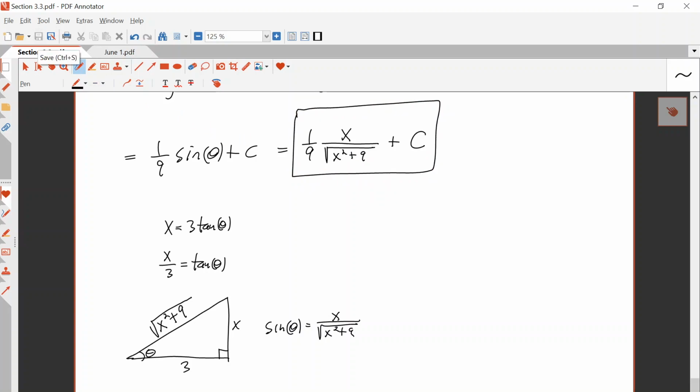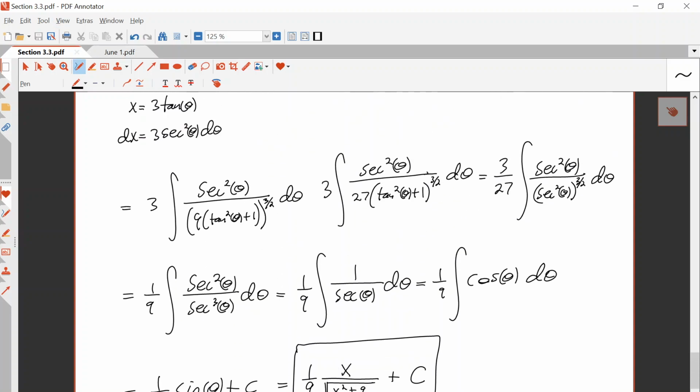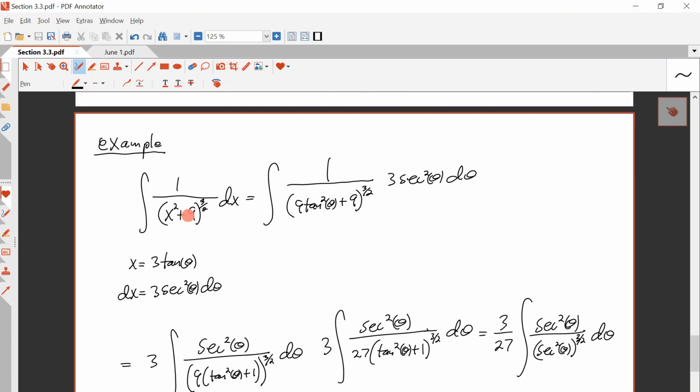Okay? Let's go over those steps one more time. So we started with our problem, which involves x squared plus 9, or x squared minus 9, or 9 minus x squared underneath the square root.